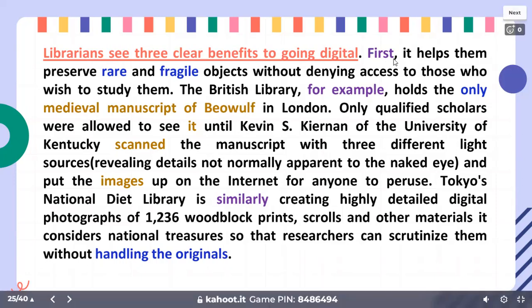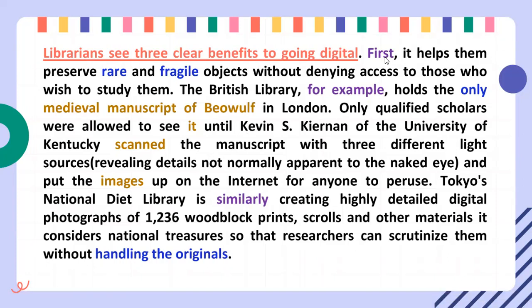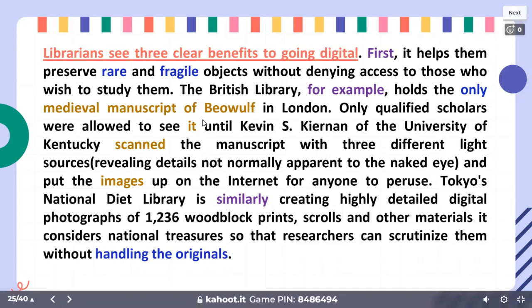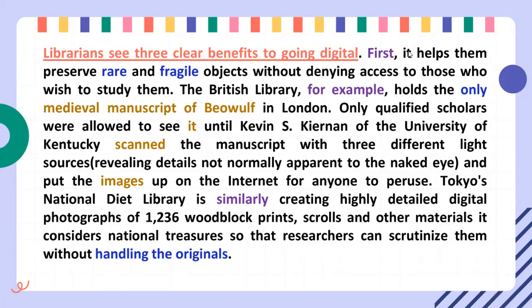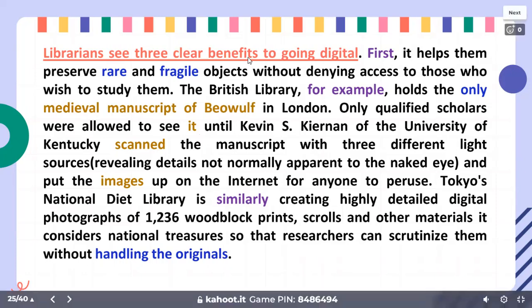Now, first, what we need to focus on is the major detail. The major detail is the detail that has the main idea of the paragraph. This is the major detail. What does it refer to? The benefits, they, because it is plural. Now, it here is a pronoun.